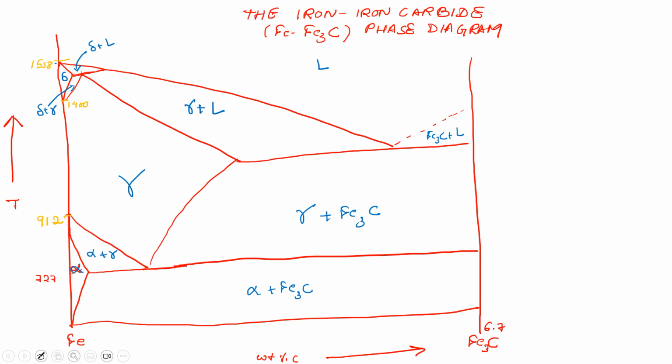If we take pure iron, the alpha iron, and heat it, alpha iron transforms to gamma iron at about 912 degrees centigrade, corresponding to a change from BCC to FCC phase. The gamma iron stays in equilibrium till about 1400 degrees centigrade, where the change from gamma to delta is observed. At higher temperatures, we again come back to the BCC phase. This is at about 1394, so that's almost 1400.